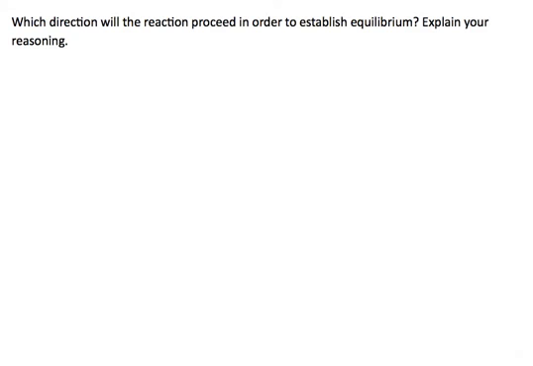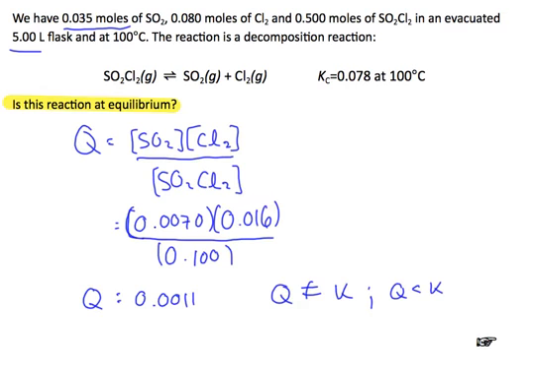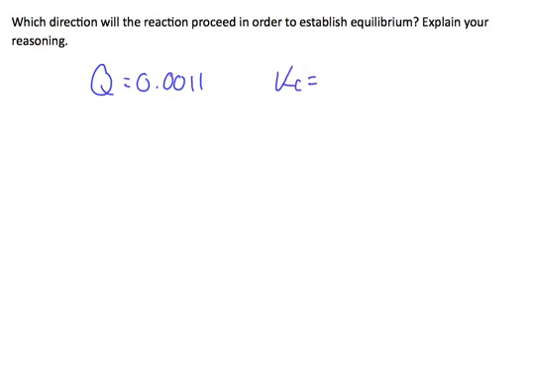So, just to extend this a little bit, which direction will the reaction proceed in order to establish equilibrium, and explain your reasoning? So, let's just quickly get this information straight. Our value of Q equals 0.0010, and our value of Kc was, I can't recall offhand, 0.078.